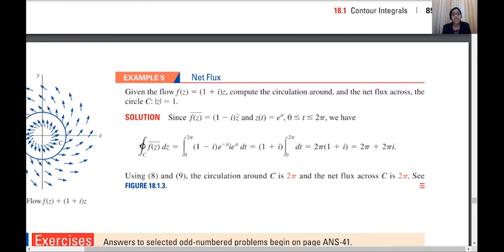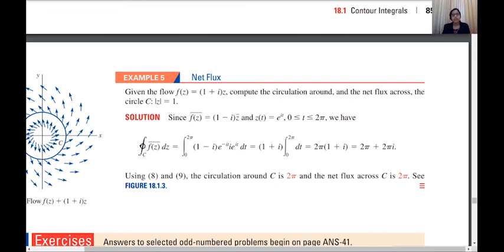So we get (i minus 1) into integral 0 to 2 pi of dt. So that is nothing but 2 pi into (1 plus i)... that is 2 pi plus i into 2 pi. So the real part of this integral is 2 pi and the imaginary part is also 2 pi. That is a coincidence in this case. So the circulation is 2 pi and the net flux is also 2 pi.